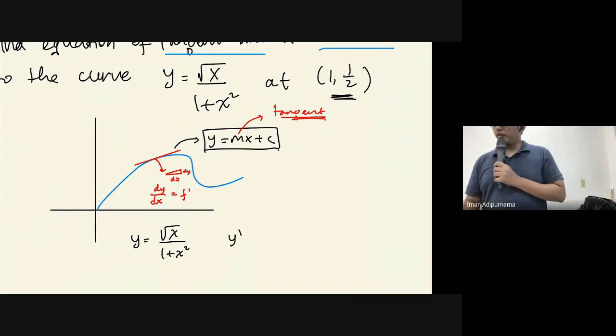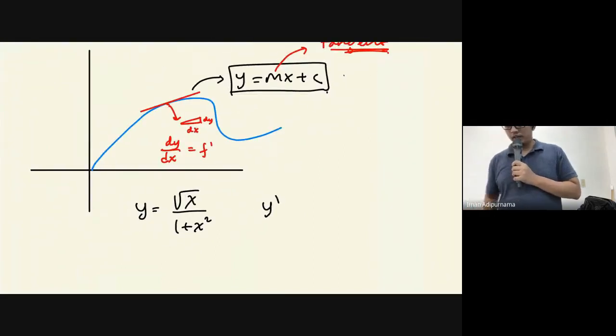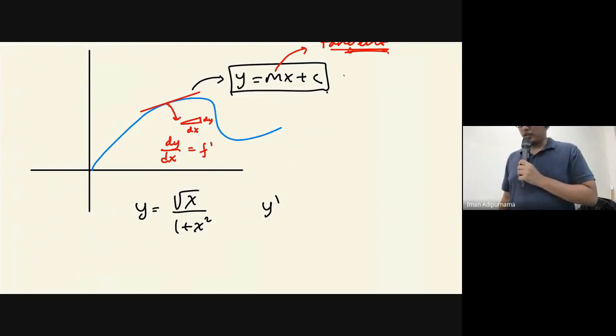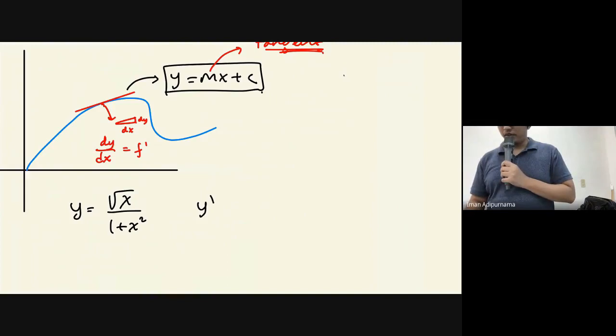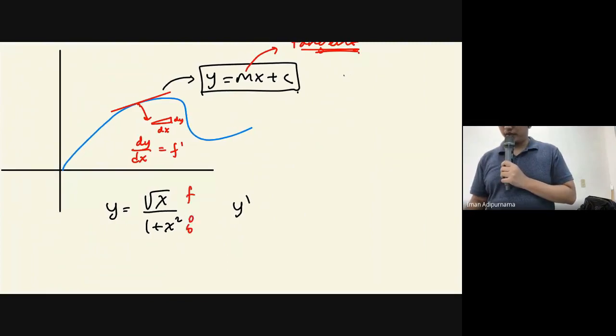And because we already know the quotient rule, and these are rational expressions, then we can use our quotient rule. So this is f and g, right?